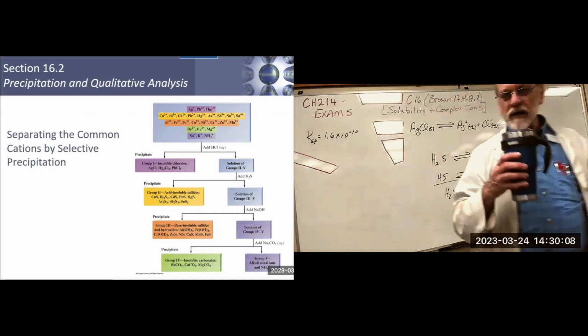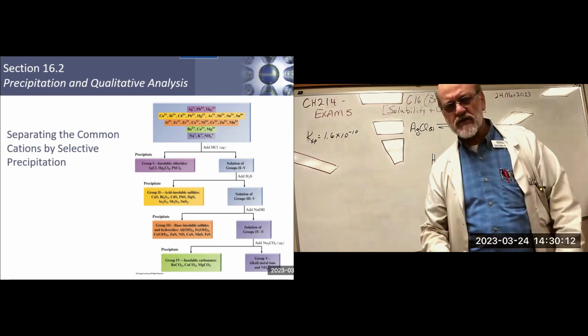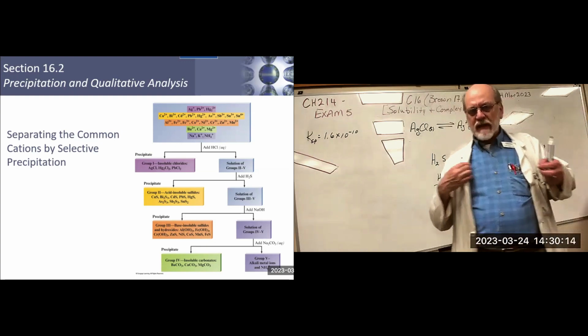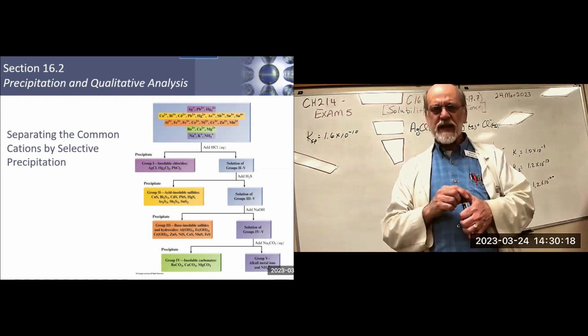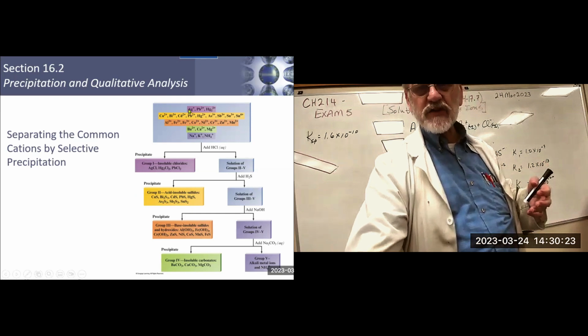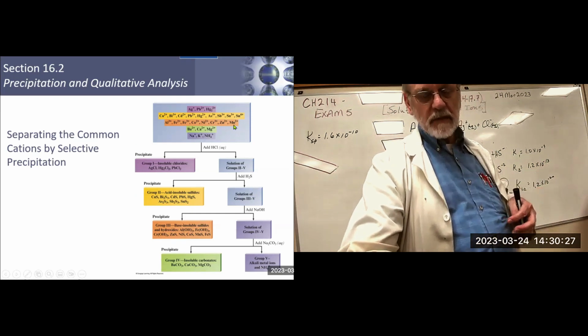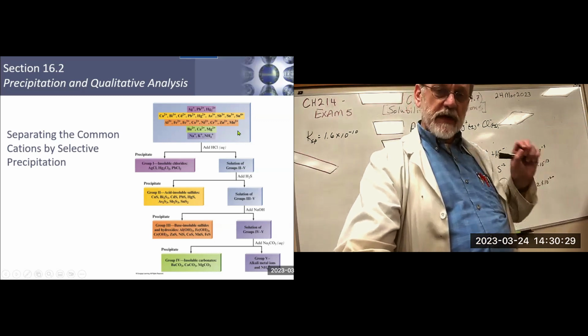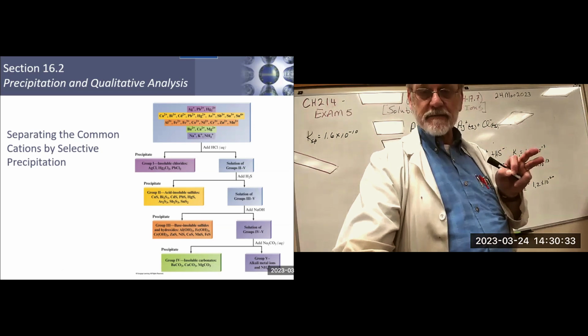All right, so here's a selective precipitation chart that works on the same principle, except the first step in this one, and we've got this big collection of metal ions up here. The first thing you want to do is precipitate out the chlorides, right?